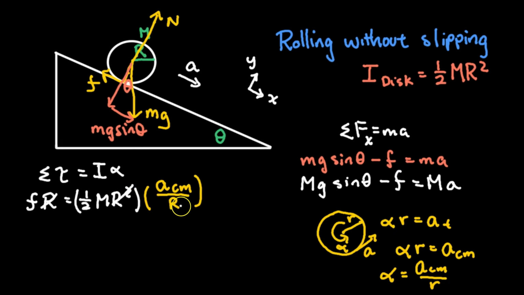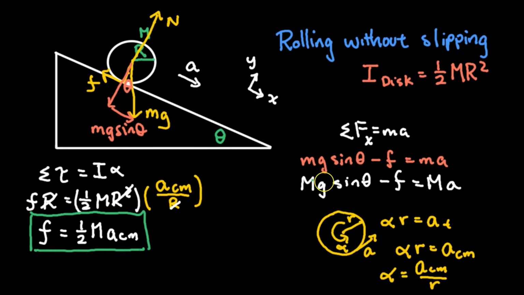So this r squared divided by r is r, and then there's an r on this side. The r's cancel out. That leaves us with the friction is equal to 1 over 2 times the mass of the disk times the acceleration of the disk. Next, we're going to combine this equation right here with this equation to solve for the acceleration using the given variables.